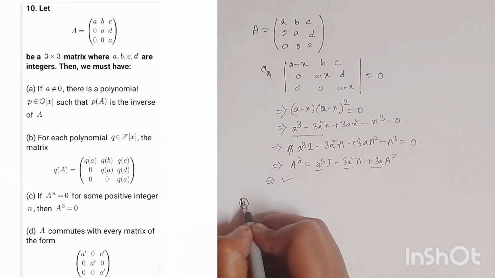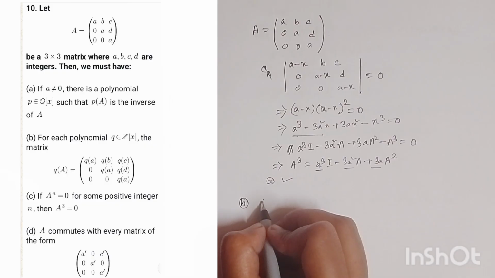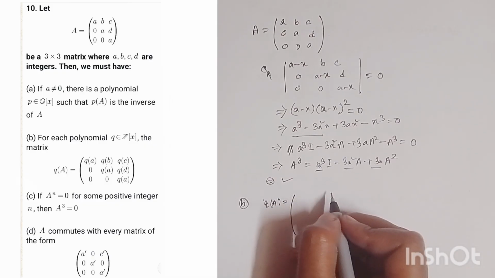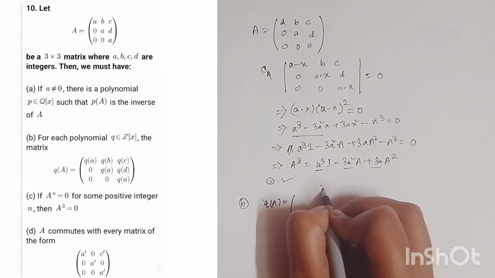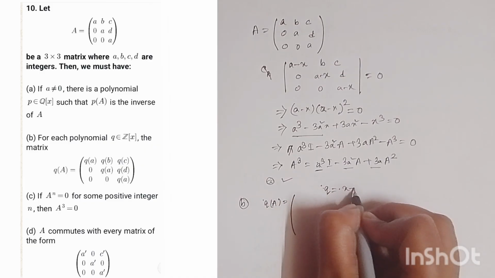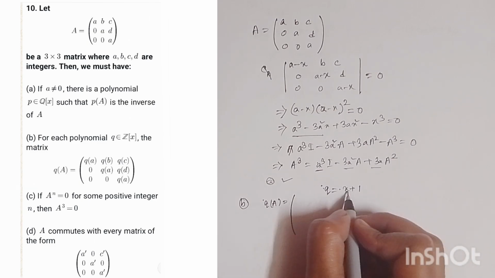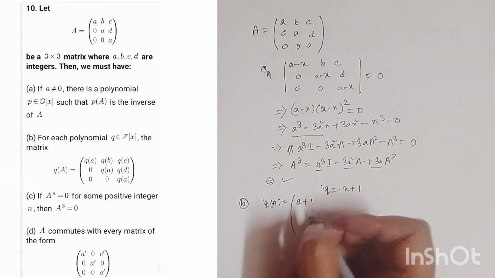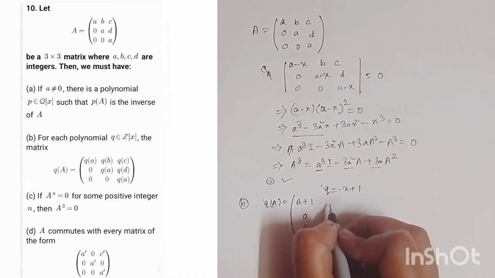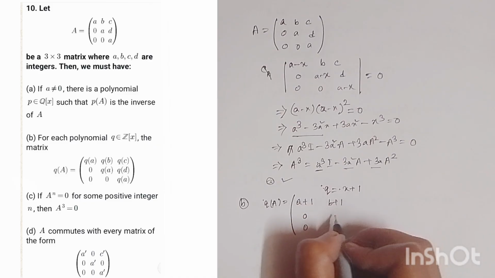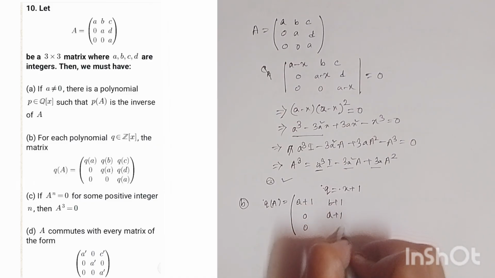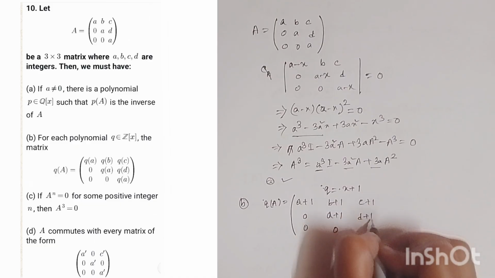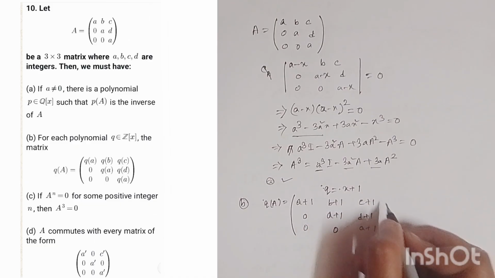For option B, here it is given that QA equals [[QA, QB, QC]...]. Let us assume Q equals x plus 1. So QA, that is [[a + 1, 0, 0], [b + 1, a + 1, 0], [c + 1, d + 1, a + 1]].